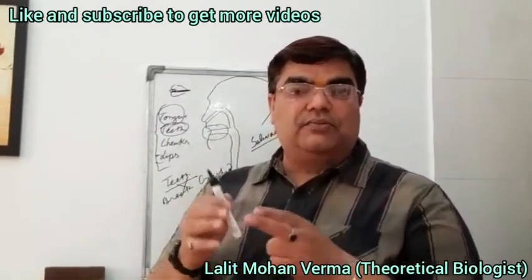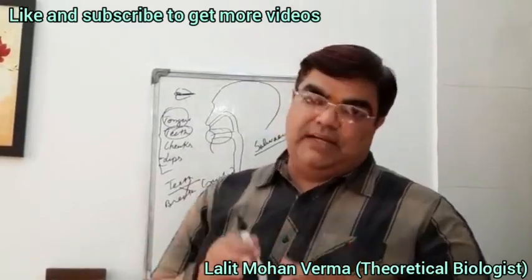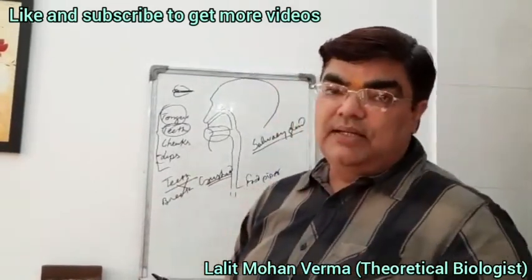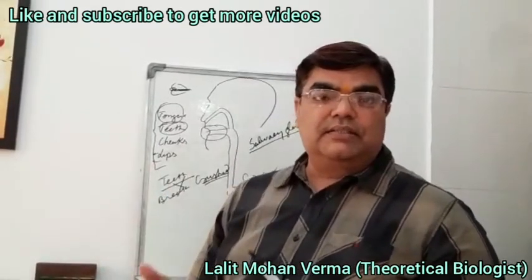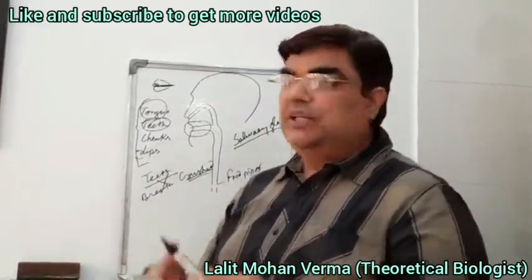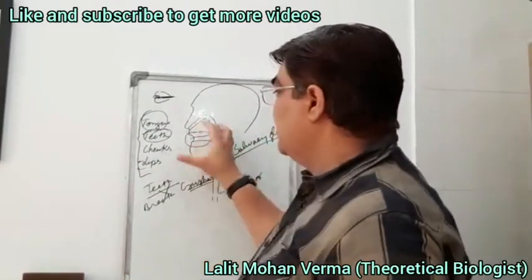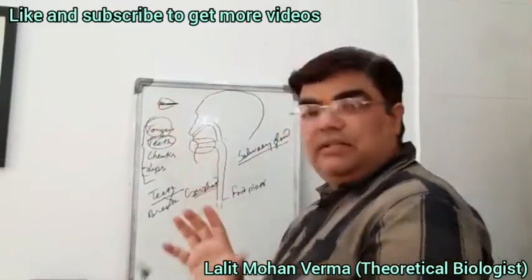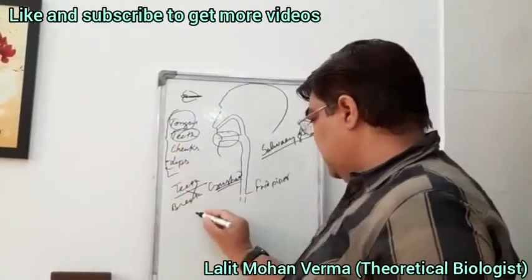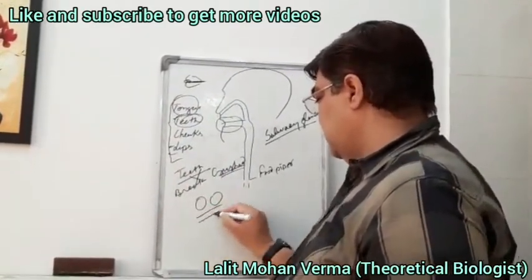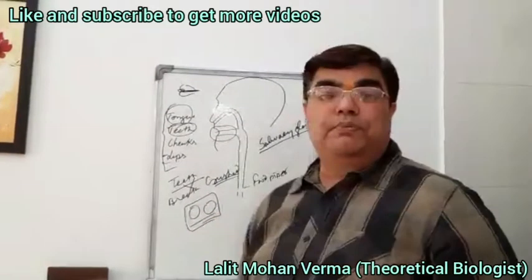Saliva is a watery fluid containing salivary amylase. And what is salivary amylase? Salivary amylase is the enzyme which converts starch into sugar. So here the salivary amylase mixes with crushed food particles with the help of the tongue and a small ball-like structure is formed. This is called bolus.